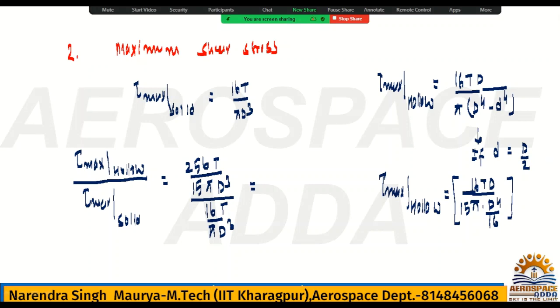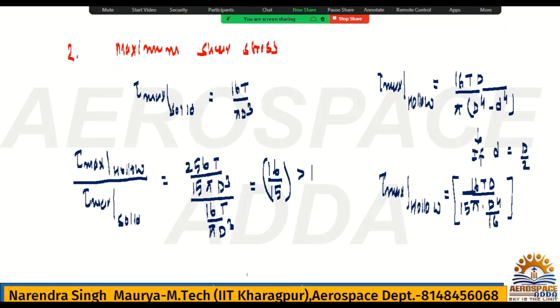If you solve, pi D cube cancels out, T cancels out, and you may have 16 by 15. So this is greater than 1.